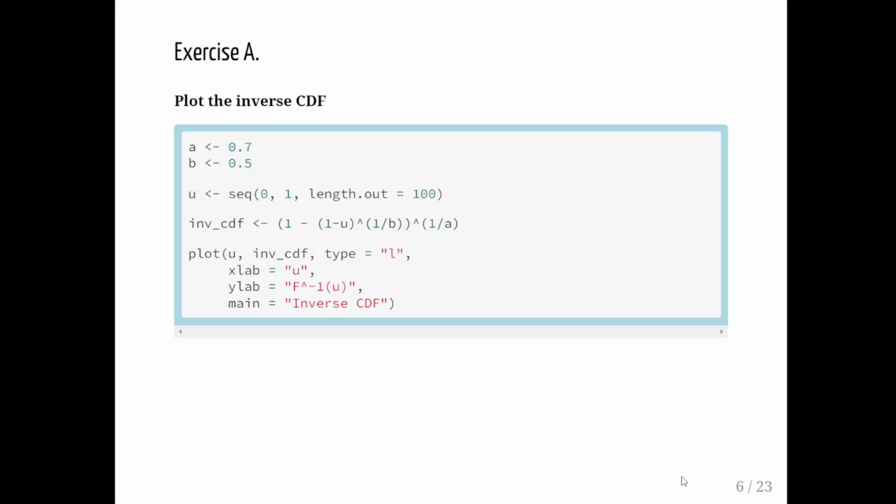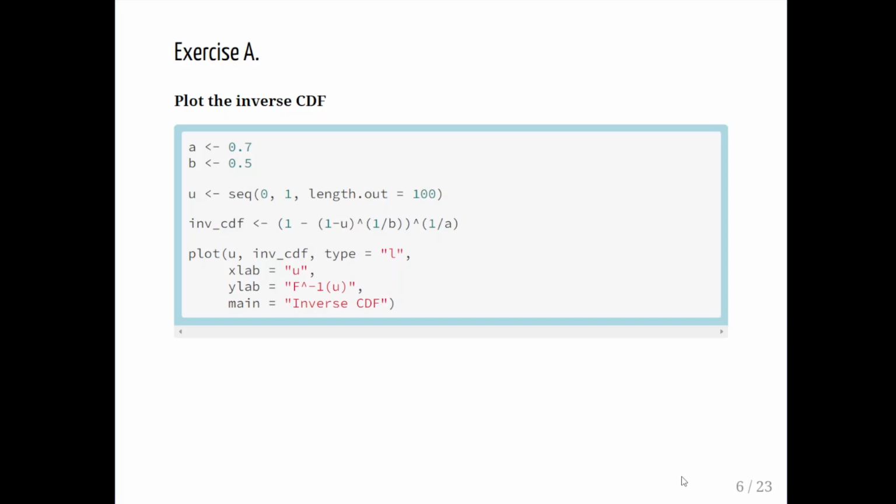So first off, what we are going to do is plot the inverse cumulative distribution function. We're going to set our values a and b to 0.7 and 0.5, and also we're going to create a range of values between 0 and 1 just to provide a basis for the plot. So we have a set of values in increasing order from 0 to 1, and we're going to store them as u.